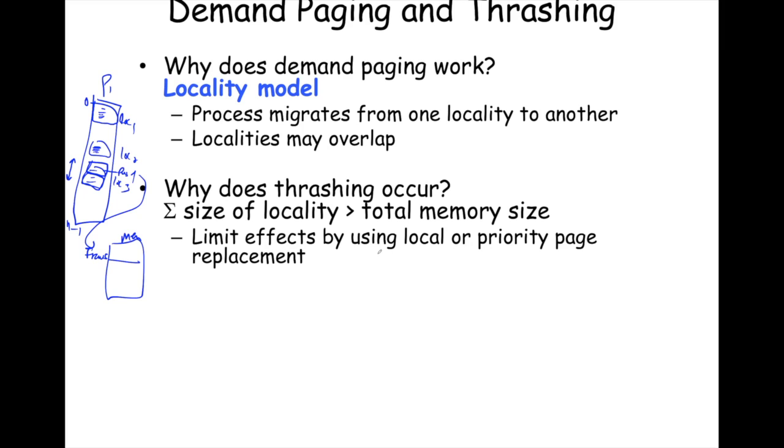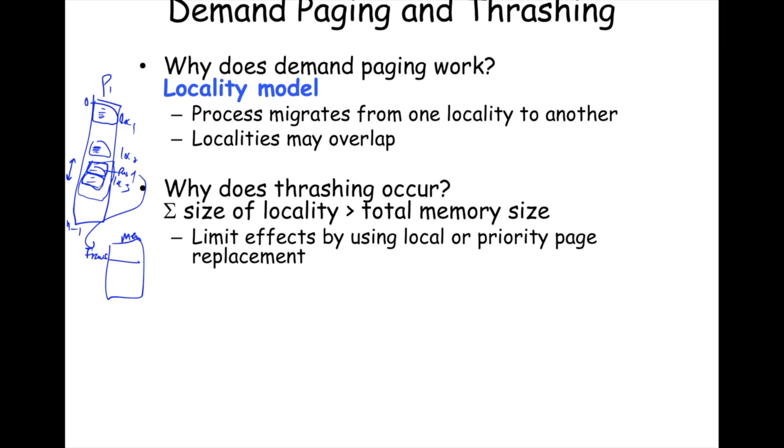You need to limit the effects by using local or priority page replacement. And so this thrashing occurs when the demand of the locality exceeds the amount of memory. This local or priority page replacement allows you to say, okay, I am going to value this particular process's usage of pages over another to satisfy this locality, because I'm going to be using addresses very frequently in a locality.